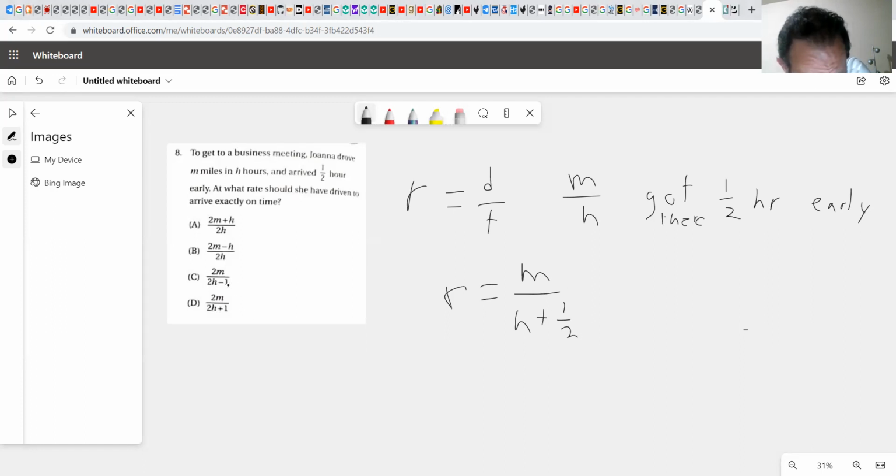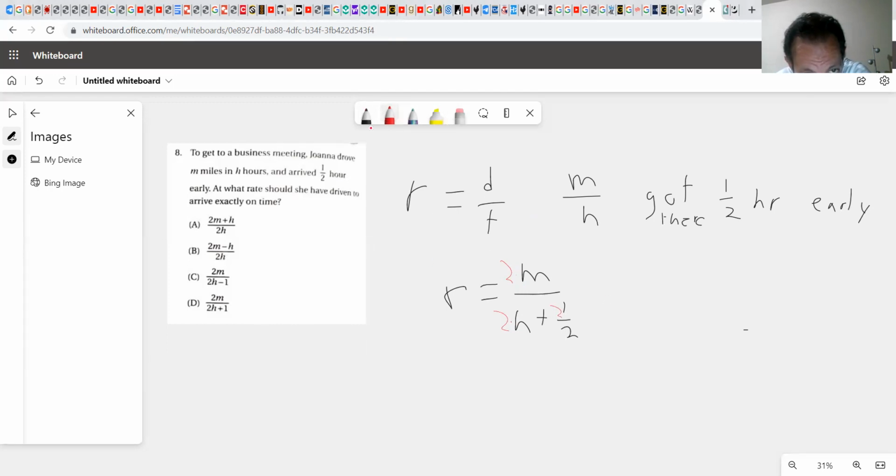Now we look at the choices and I don't see that. So I see that there's a fraction in here and I'd say, well, how can I get rid of this fraction? Well, if I multiplied the numerator and denominator by 2, then I could get rid of this 1/2, right? So let's do that. Let's multiply this times 2, this times 2, and this times 2, right?